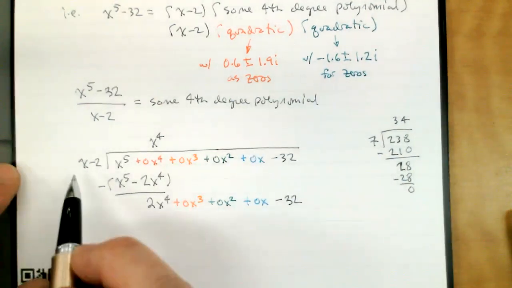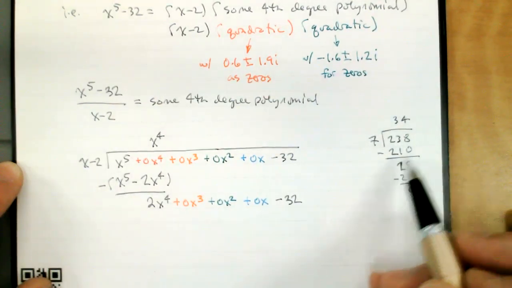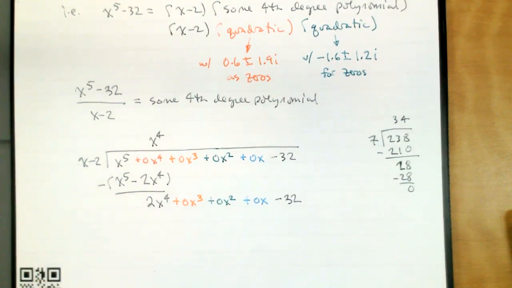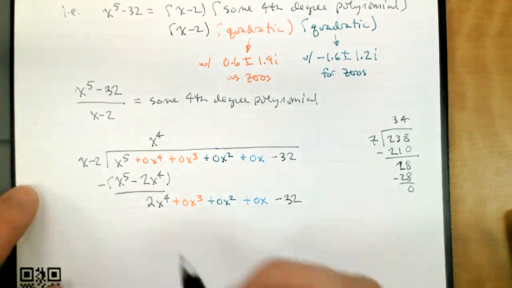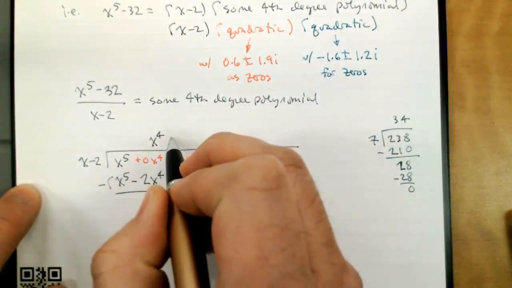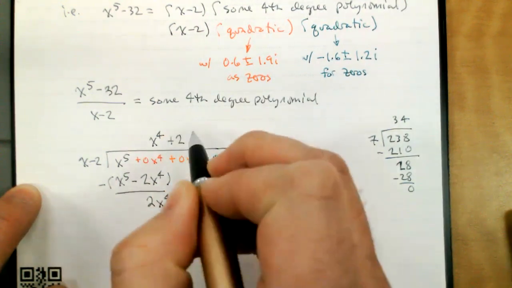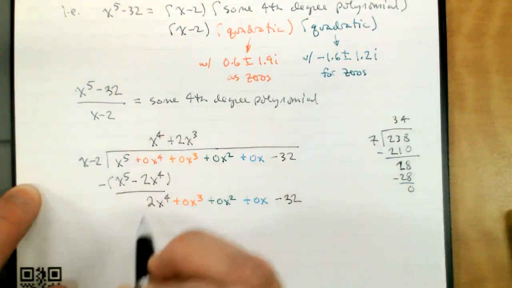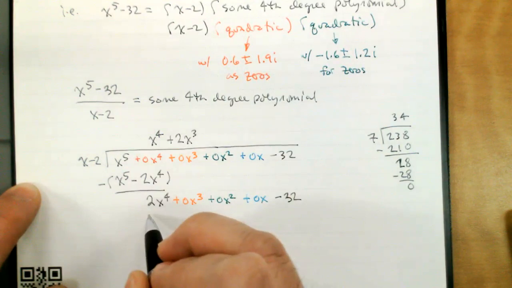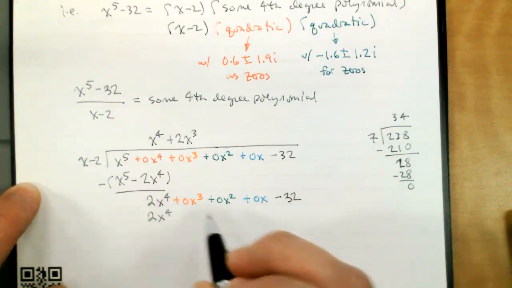So now I need to subtract the x from a 2x to the 4th, just like I did over here. All I'm doing is subtracting a bunch of x minus 2s from x to the 5th minus 32. So I need to multiply by a 2 and an x to the 3rd, just so I can subtract them, because we can only subtract things that are the same.